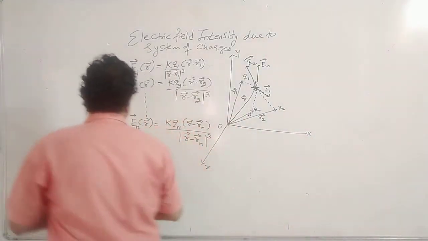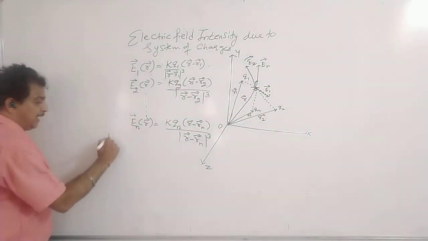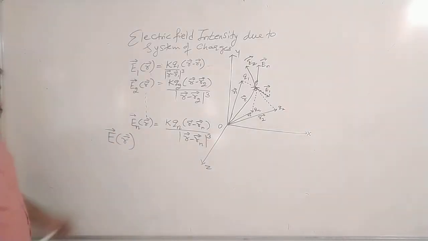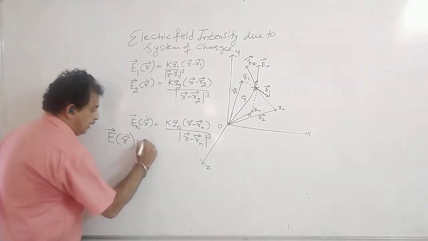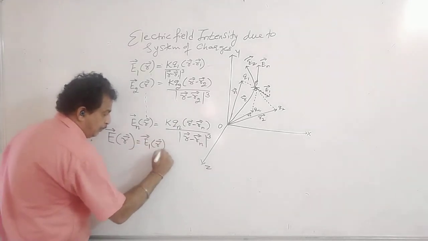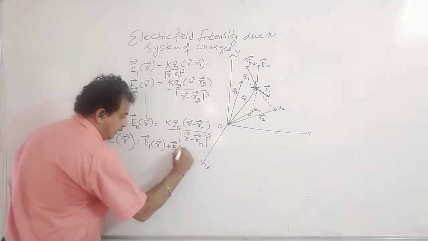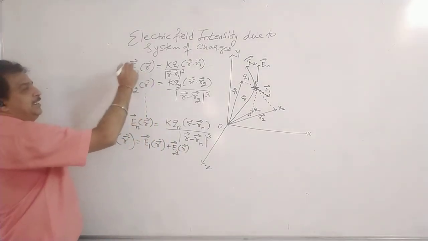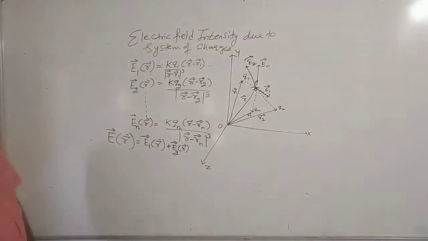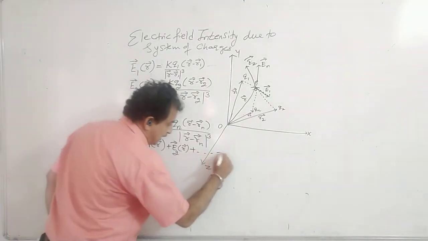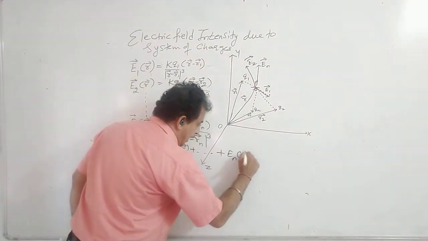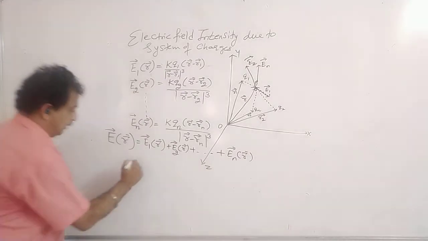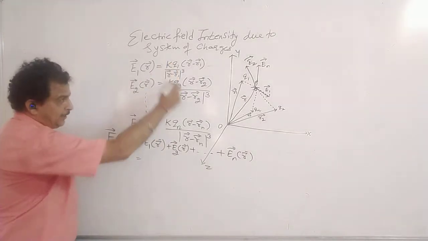Now I want to find the resultant electric field intensity at point P. So E of R is equal to E1 of R plus E2 of R, where this bracket indicates that electric field intensity is a function of the position vector of the test charge, plus up to En of R vector. Now if I substitute all these values, this can be written as K Q1 like this.